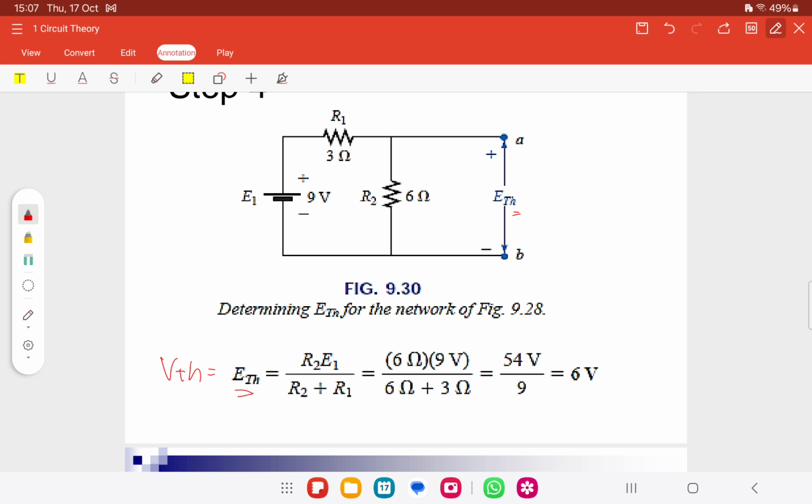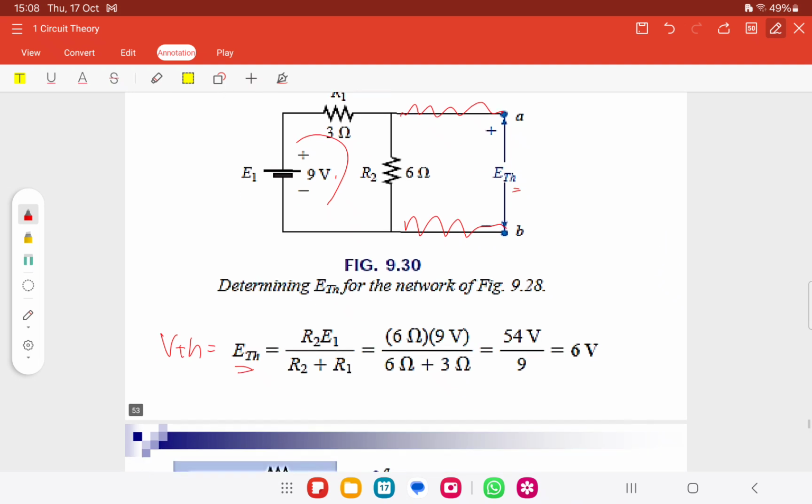Okay, go on. Boleh buat kan? Pusing kat sini. This one consider macam tak ada pun. Kan? One loop. Okay, dia boleh. Mana-mana. Okay, so this one is R2 over R total multiply with the V total. Because kita nak V2. ETH equals to V2.